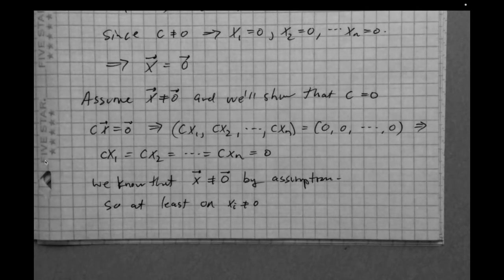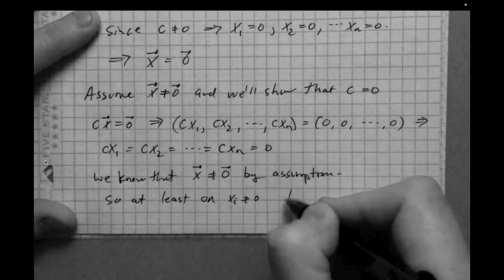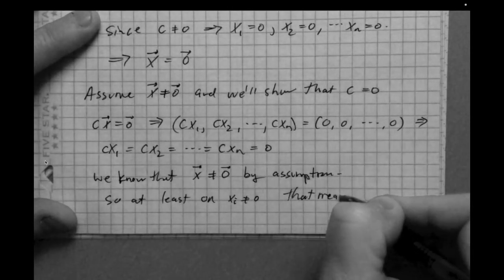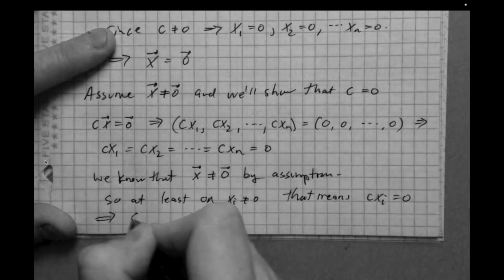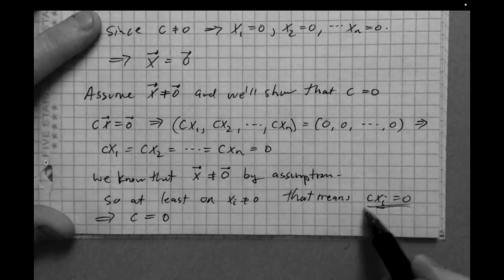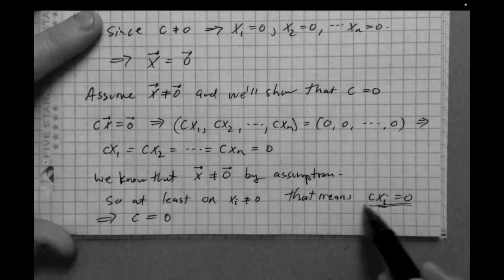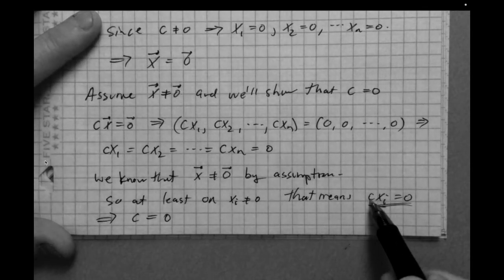And so what does that imply then? If some xi is non-zero, let's just assume xi is non-zero, that means C times xi equals 0 implies C must be equal to 0. So if my ith term C times xi is equal to 0 and xi is non-zero, then clearly C must be 0.